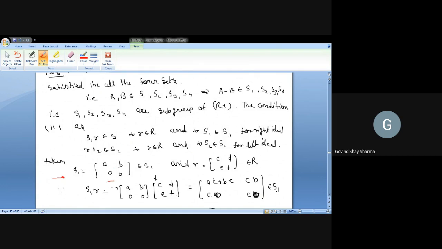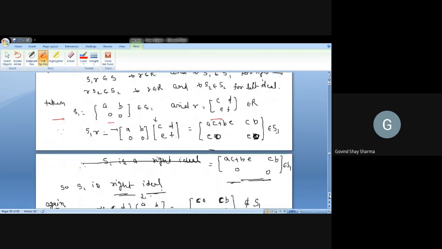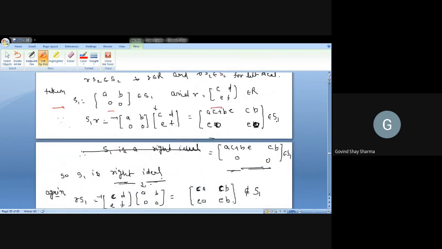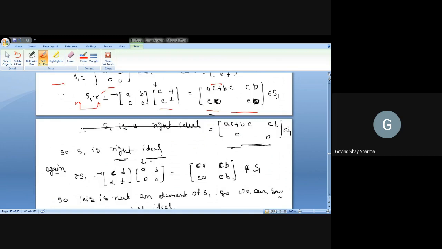R is C D here. For the right ideal we multiply from the right side. When we multiply with this, we find AC plus B, CB. So this belongs to S1.